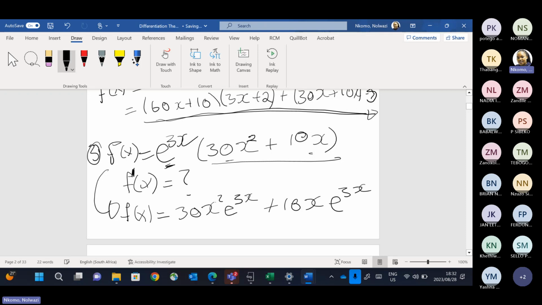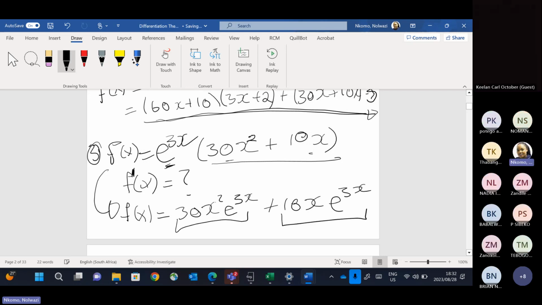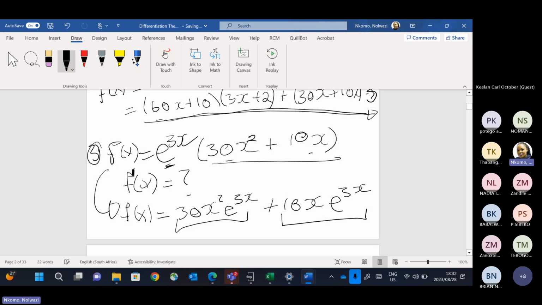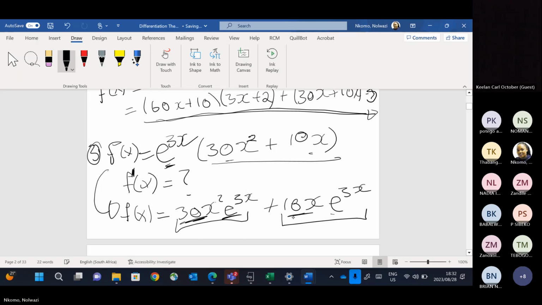You see, if it's simplified, that means I'll use a product rule here, and again I'll have to use a product rule here, because I have function 1, function 2, and function 3, function 4. But here, I only have function 1 and function 2.